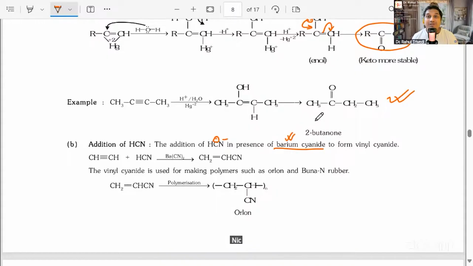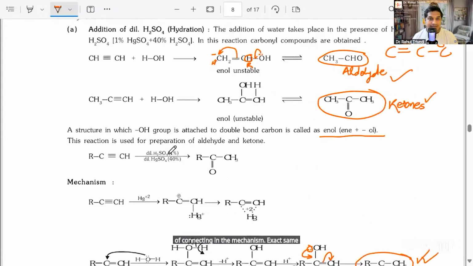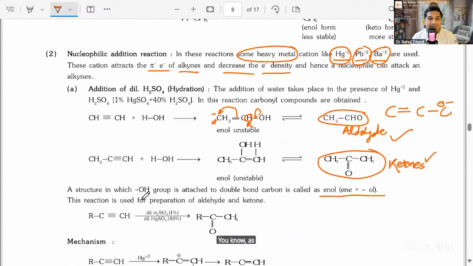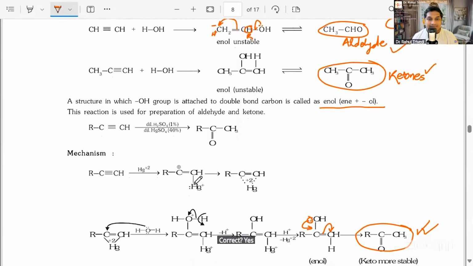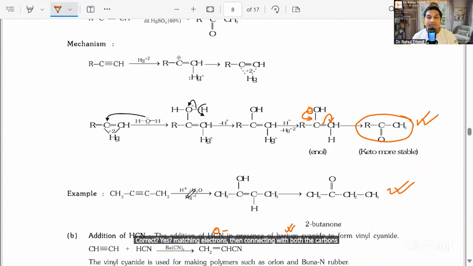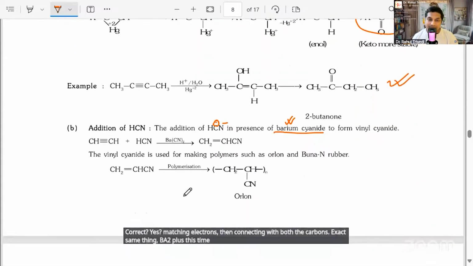Nice or not? Ba2 plus has to do his own magic of connecting in the mechanism. Exact same mechanism will happen, as you saw here, how Hg2 plus was connecting. Correct? Yes. Snatching electrons, then connecting with both the carbons. Exact same thing Ba2 plus this time will be doing. Good.